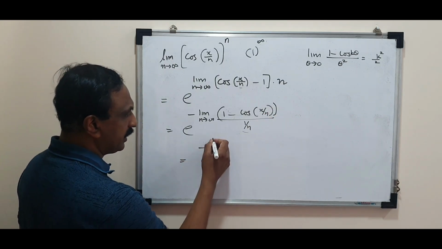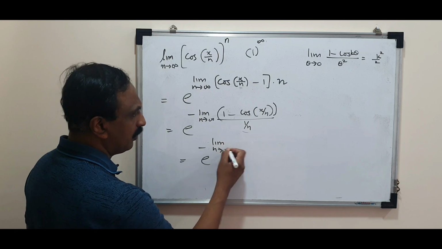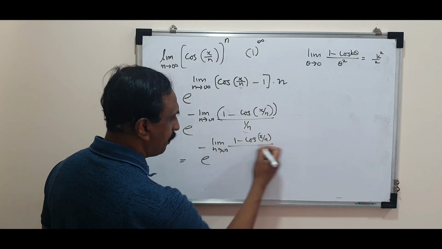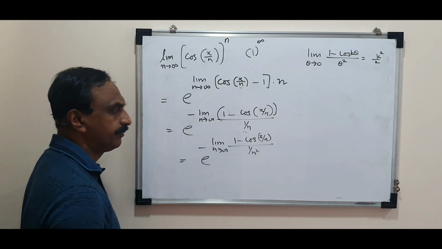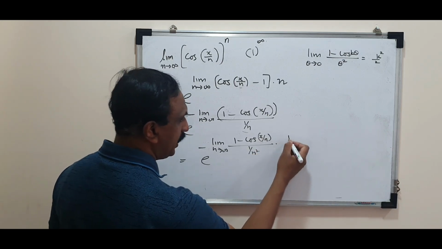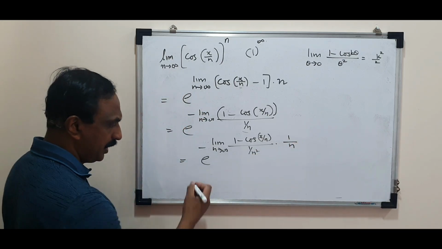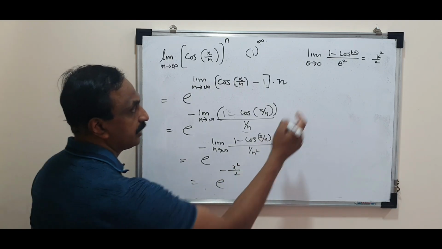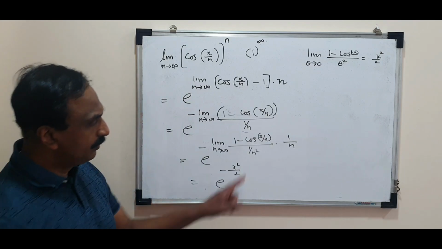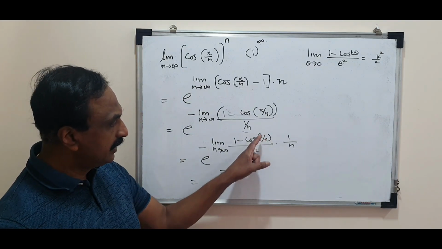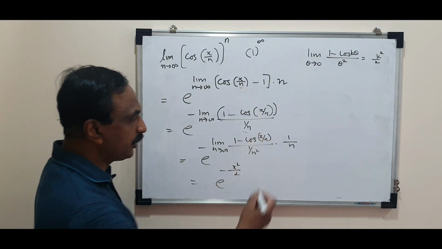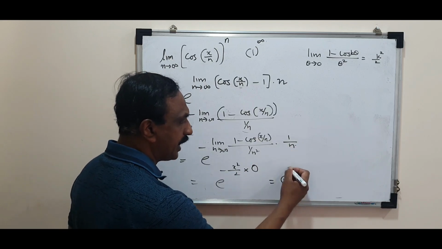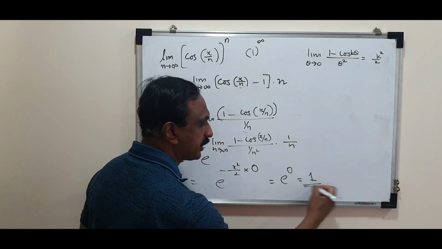So I will divide and multiply with 1 more n: 1 minus cos x by n upon 1 by n square. What I put extra is compensated. This became e raised to x square by 2. 1 by n is your theta. X is a coefficient, so x square by 2. But this term will become 0. Hence your answer is e raised to 0 and the answer turns out to be 1.